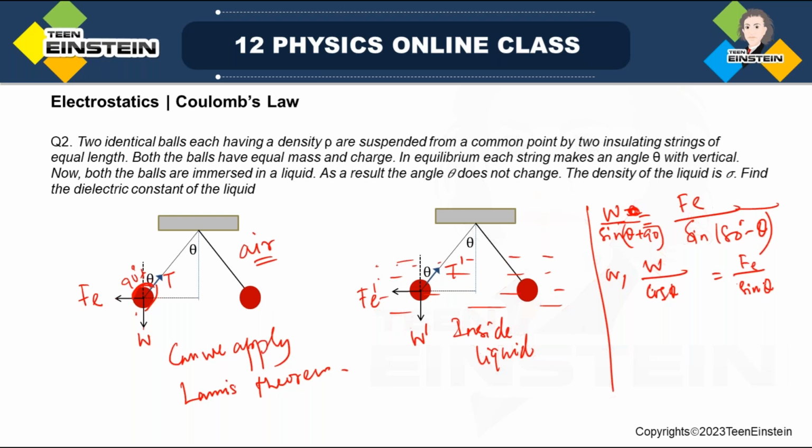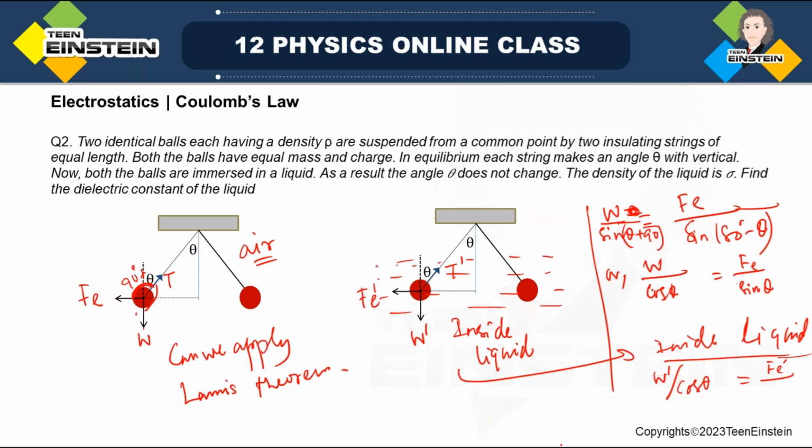Similarly, if we write for this system when it is inside liquid, the same things, this will be W prime by cos theta minus Fe, here also Fe will be Fe prime actually, since all the forces will be modified.